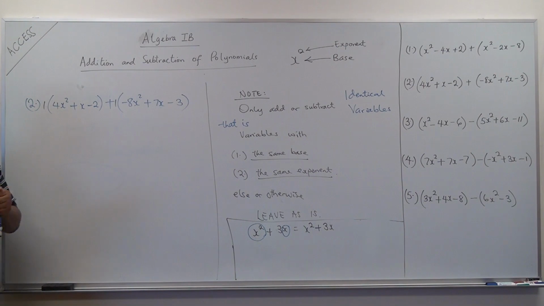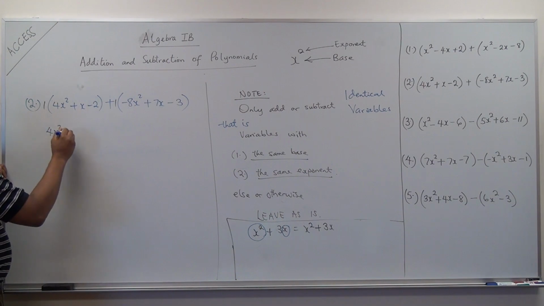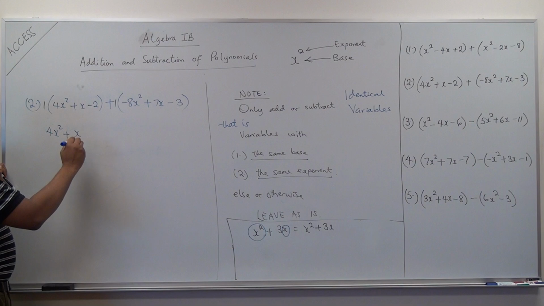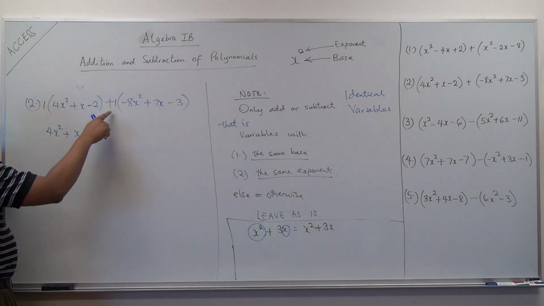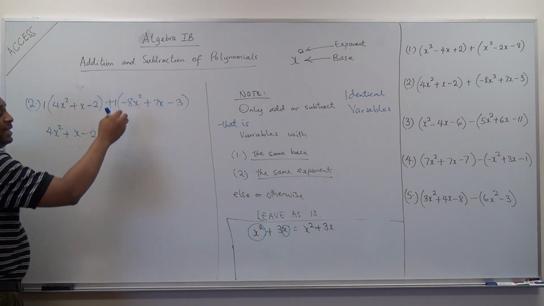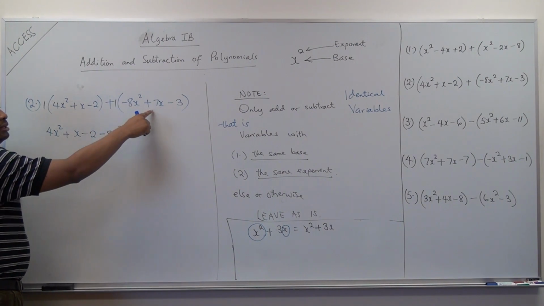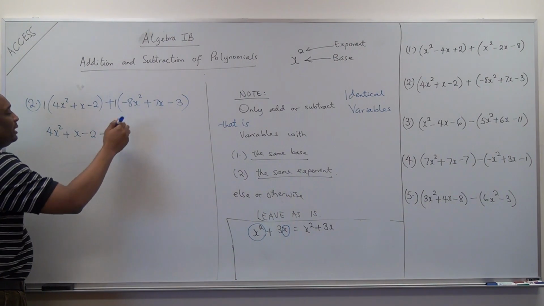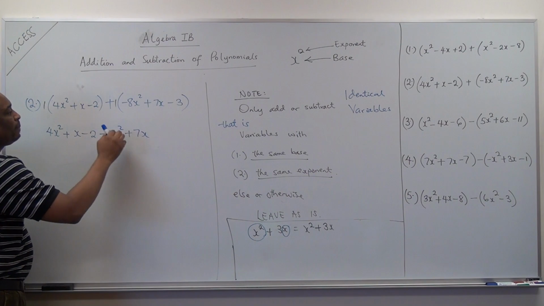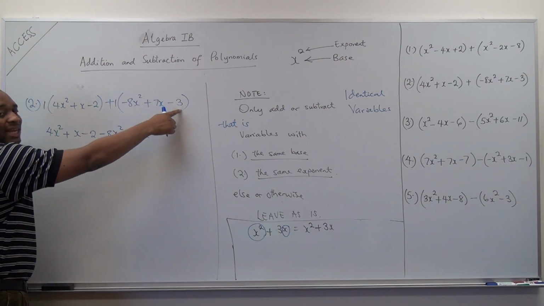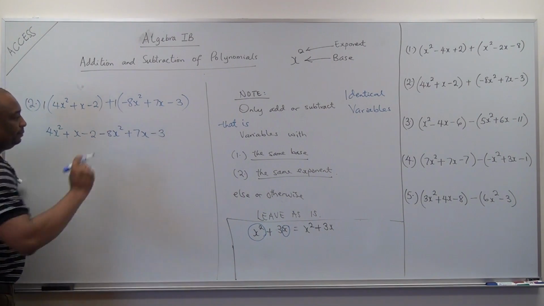That's the same thing, so distributing 1. Open up the parentheses. 1 times 4x squared is 4x squared. 1 times plus x is plus x. 1 times -2 is -2. Plus 1 times -8x squared is -8x squared. Plus 1 times plus 7x is plus 7x. Plus 1 times -3 is -3.